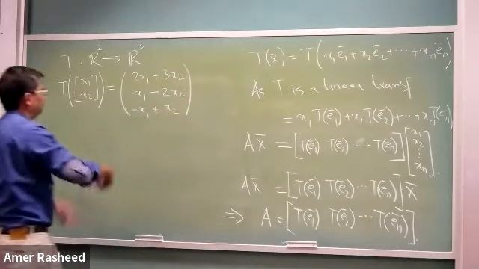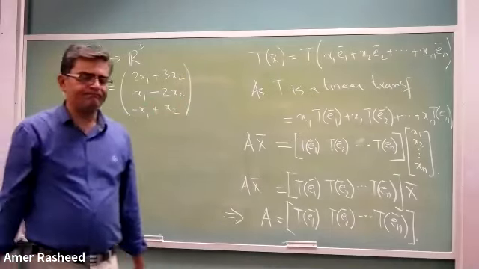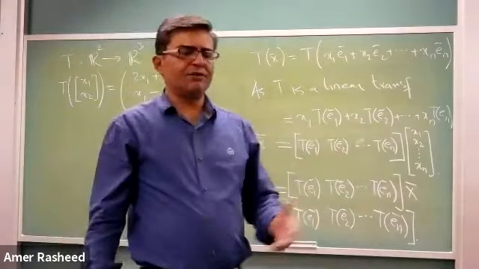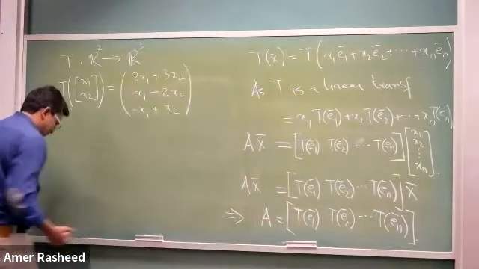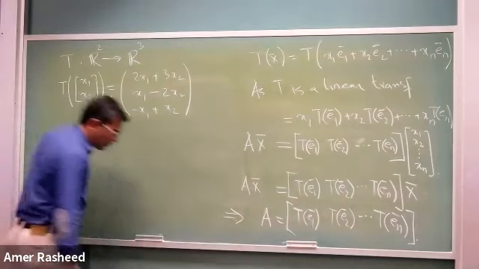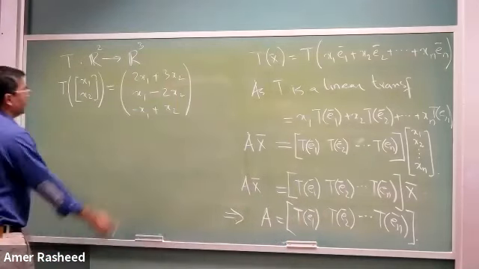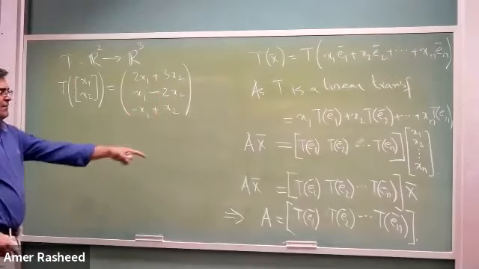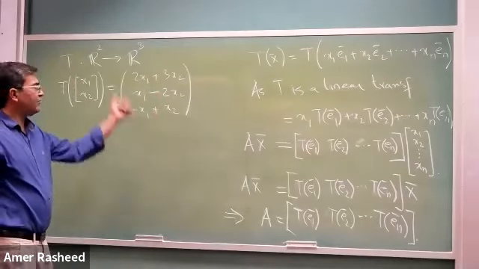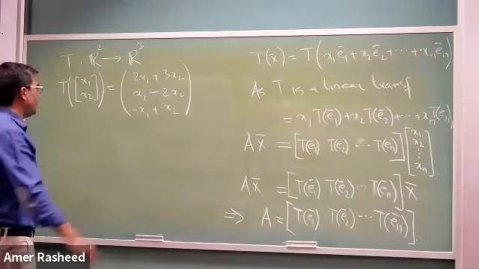Something like that. If it is different from that transformation, it doesn't matter. You just have to see how we write this standard matrix. Now this is the transformation, and we have to find the standard matrix for this given linear transformation.